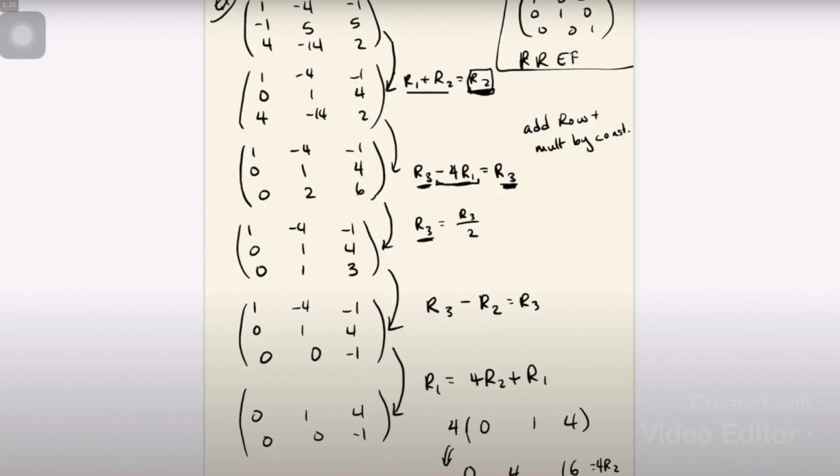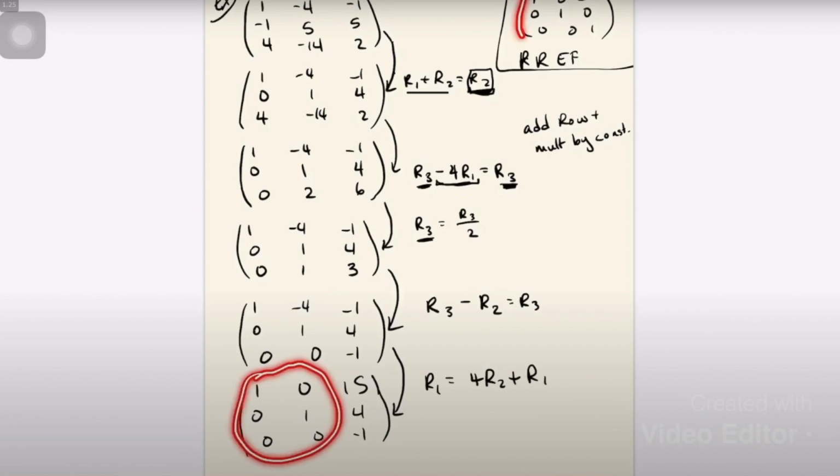Now we produced this 1, 0, 15. So row 1 becomes 1, 0, 15. Okay. Now we can see that the first 2 columns are in the form that we want.